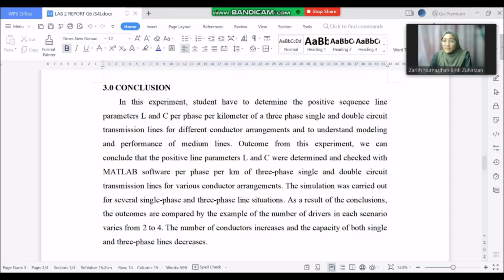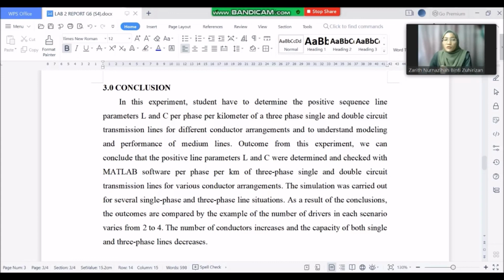From this experiment, we can conclude that the positive sequence line parameters L and C were determined and checked with Matlab per phase per kilometer of three-phase single and double circuit transmission lines for various conductor arrangements.